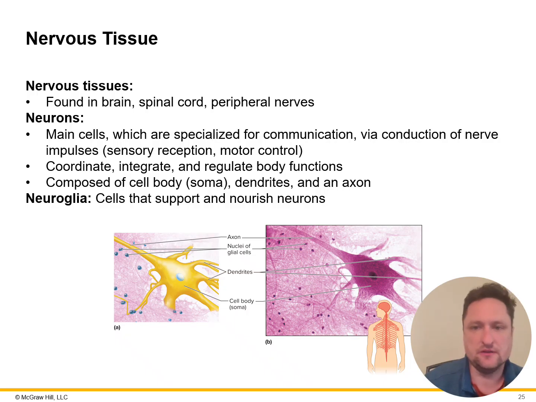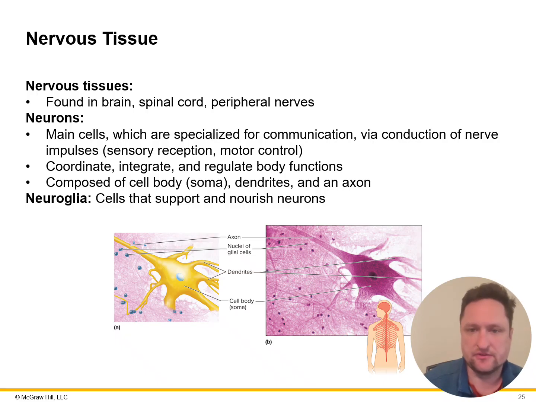So first, neurons. Neurons are the functional units that generate and conduct electrical impulses. Each neuron consists of a cell body, dendrites that branch out, and these receive incoming signals, and an axon, that's like the tail, that transmits impulses to other neurons, muscles, or glands.